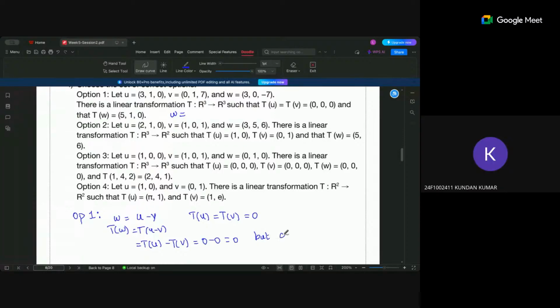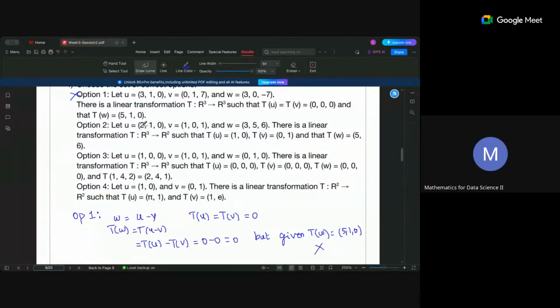A non-zero vector. Given T of w is 5, 1, 0. So it is not possible. Such a linear transformation is not possible, right? Yes, ma'am. So option 1 is incorrect. Clear? Okay.